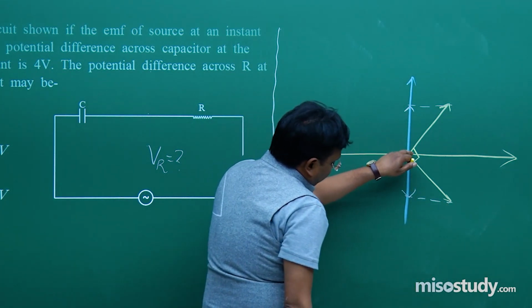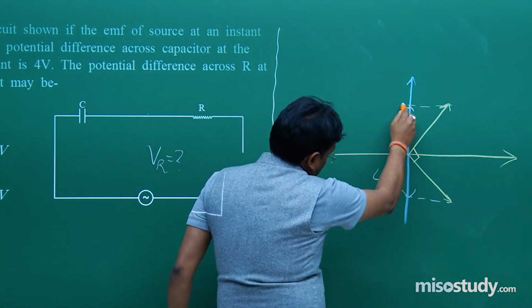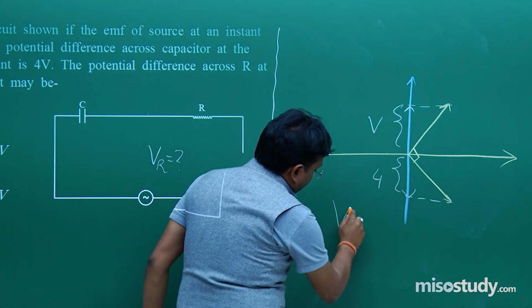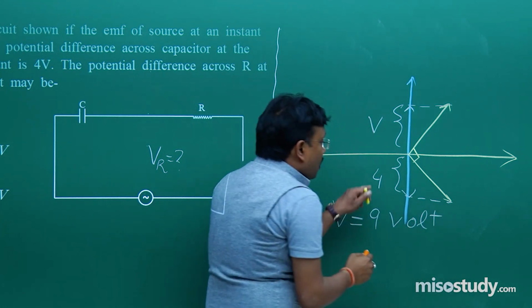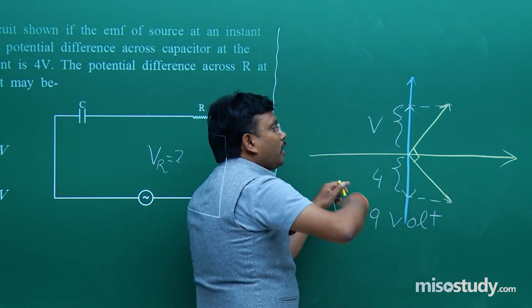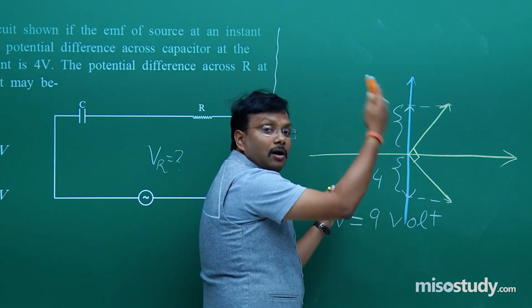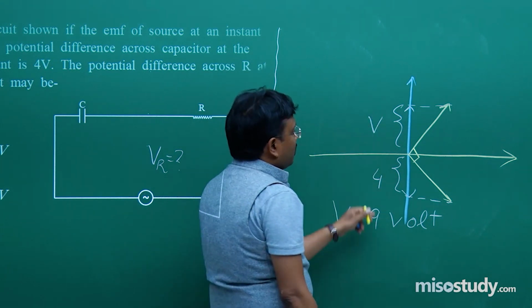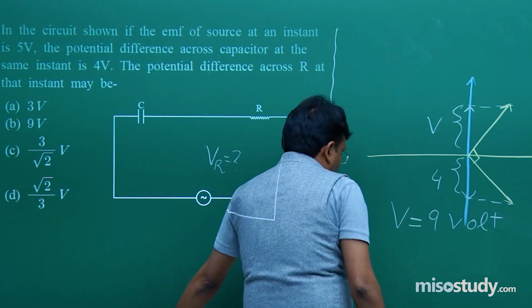So, 90 degree, therefore, it is going to be this much is 4 and this much is V. So you can say V is equal to 9 volt. How? V minus 4 is equal to 5. So shift minus 4 to the right hand side, you will get V is equal to 4 plus 5. That way you can get the value as 9 volt. B is the correct option. Fine.